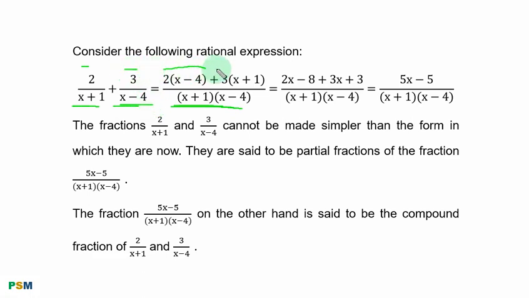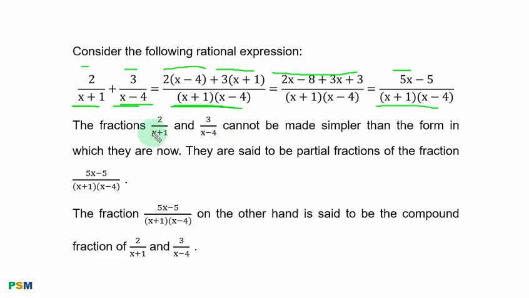You have this result. If you expand the numerator, you have this result. When you add like terms, 2s plus 3s, that is 5s, minus 8 plus 3 is minus 5 over the denominator.